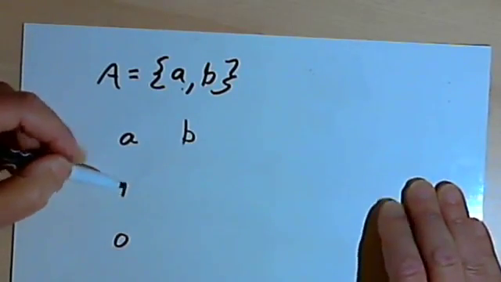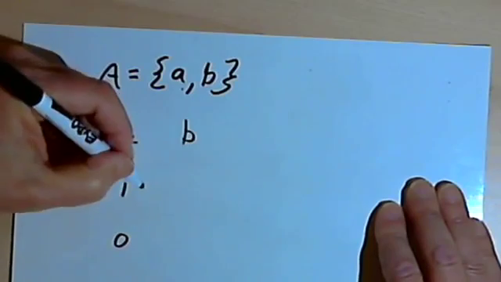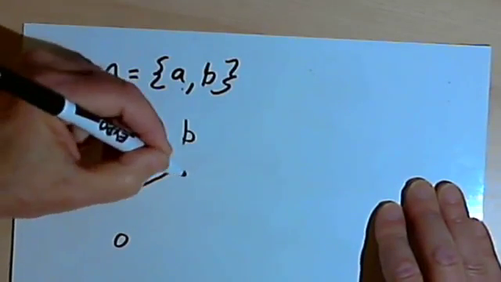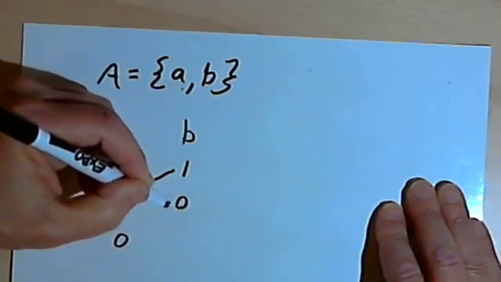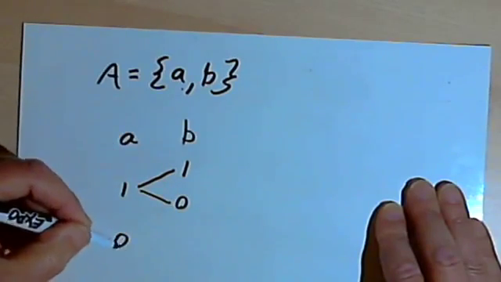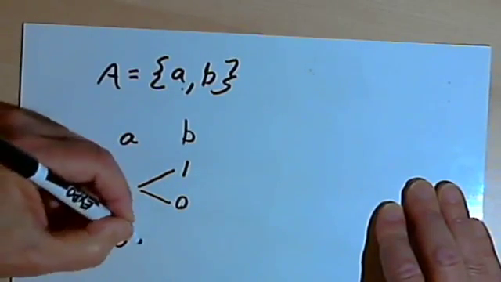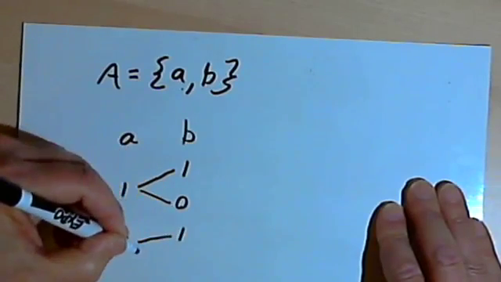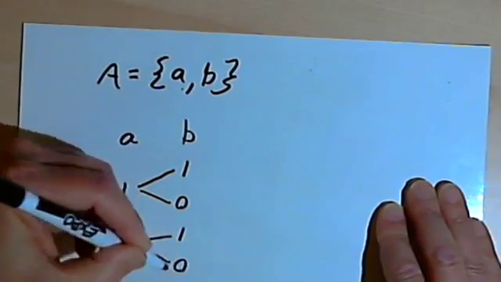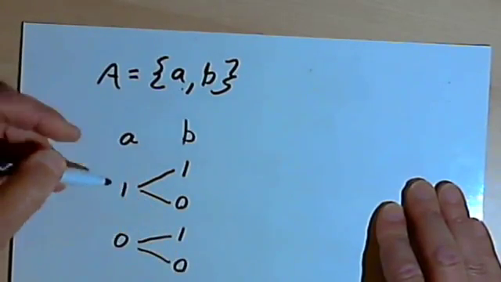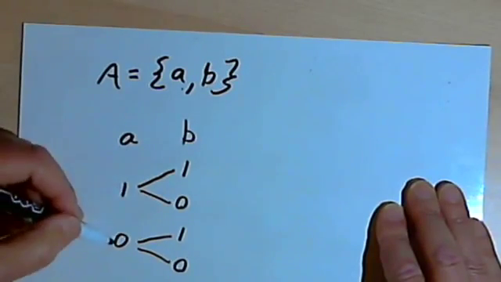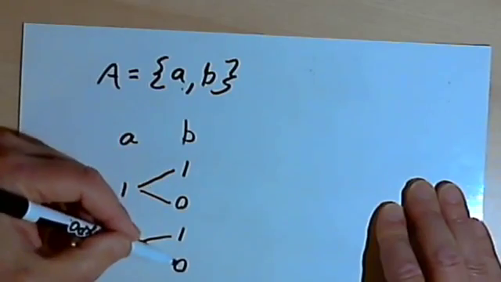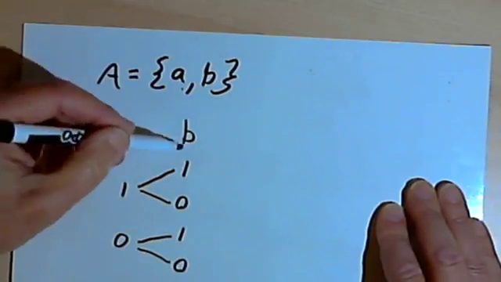If I have a subset and the A was in it, then I might have a B in it also, or I might not. If I have a subset and there was no A in it, I might still have a B in it, or I might not. And so I went from 2 subsets when there was just an A to 4 subsets when I have an A and a B as possible elements.